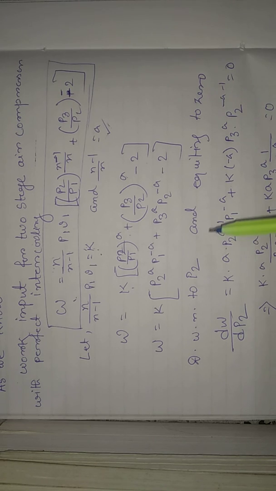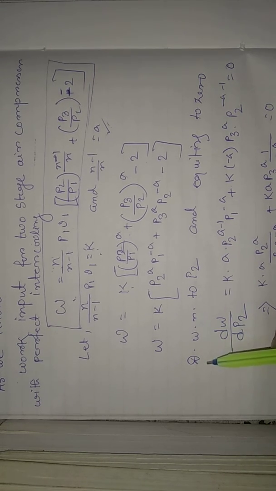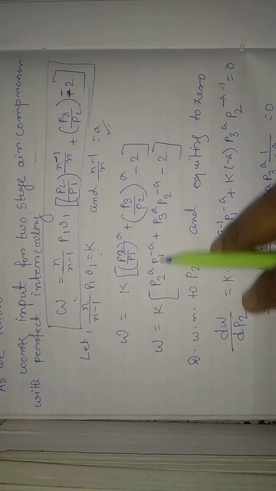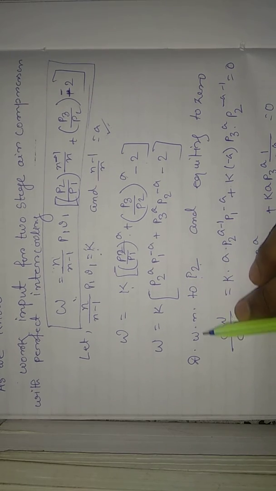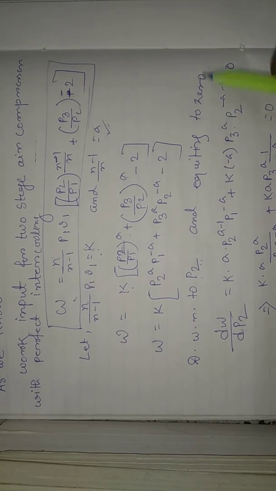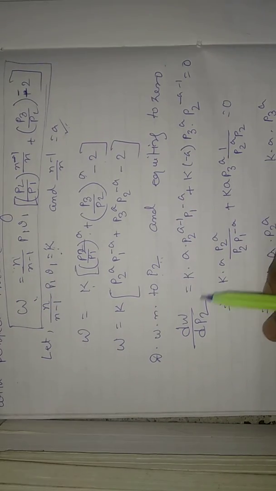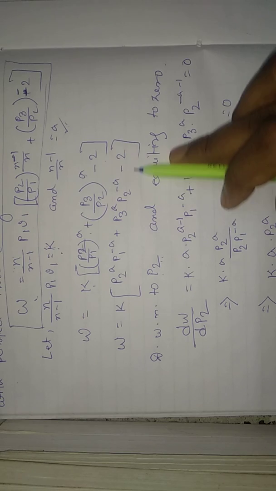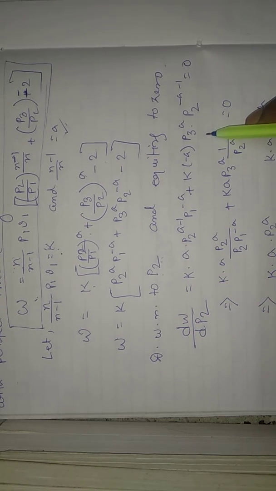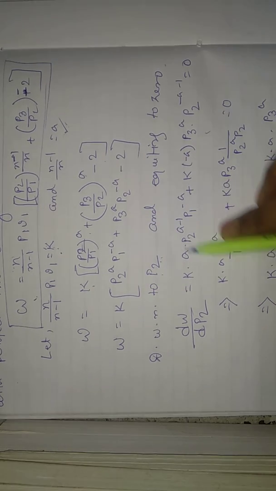To get the maximum efficiency, we differentiate with respect to P2, since P2 is common in both terms, and equate to 0. So W is equal to this expression, and dW by dP2 is equal to this one when we differentiate the equation.